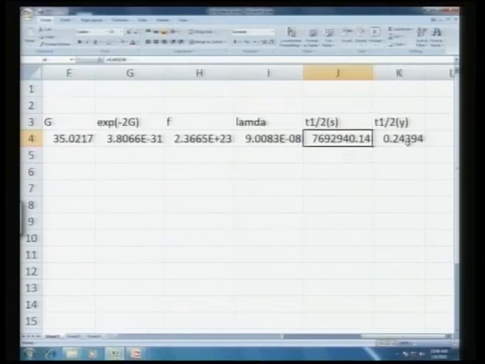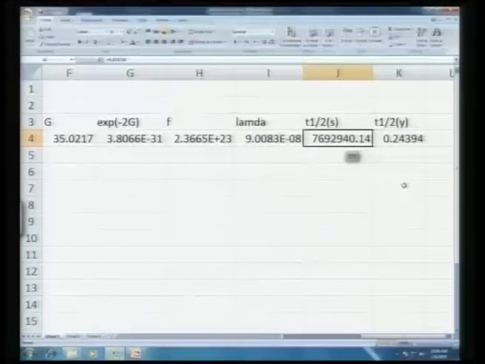Previously, it was 10 to the power 8 years. So, you can see the sensitivity, q changing from 4 MeV to 5 MeV makes a big change in the half life. From something like 10 to the power 8 years, it has become less than 1 year.